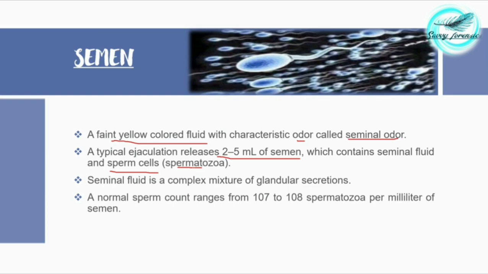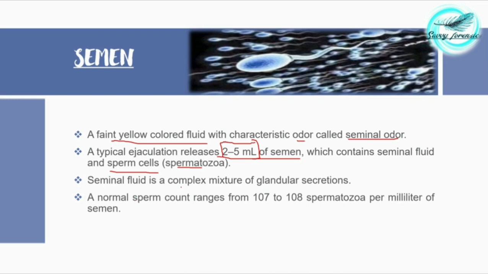These are basically fact-based questions, like what is the amount of semen that is released per ejaculation, or what is the approximate count of the spermatozoa that is present per ml of the semen. So you can remember this.